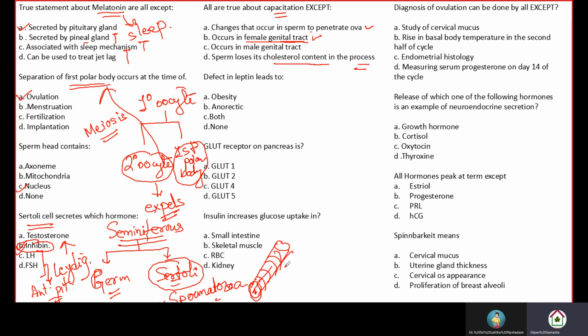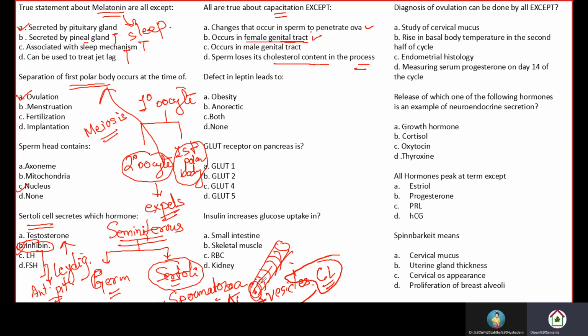Now they are exposed to some vesicles containing cholesterol, that cover up the sperm acrosome and make the membrane tough. So what is the function of this cholesterol? It protects the spermatozoa. It keeps the membrane of the spermatozoa tough enough, so that it doesn't get broken down in between.